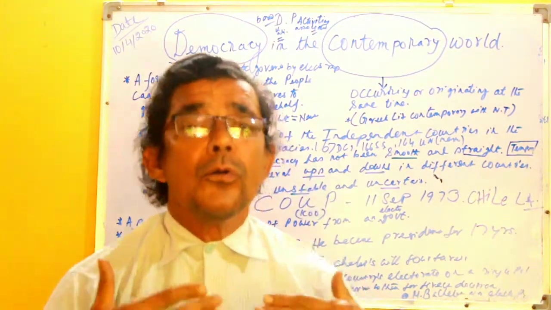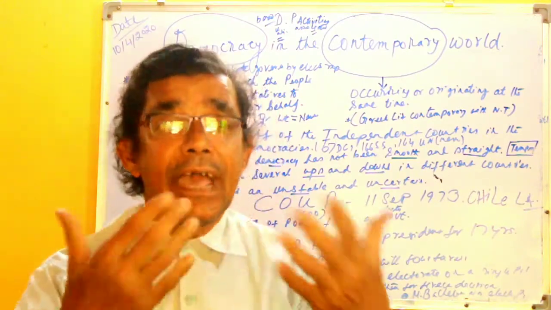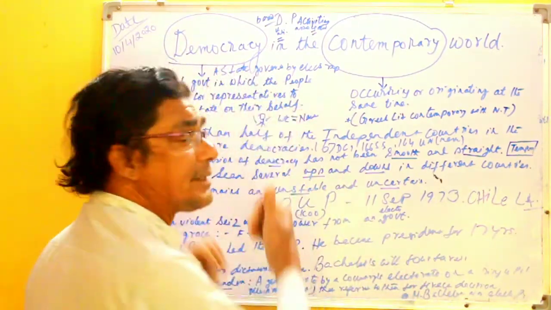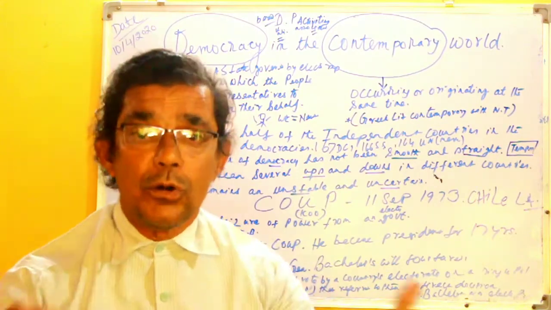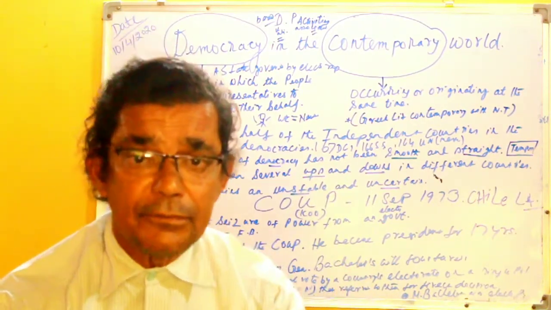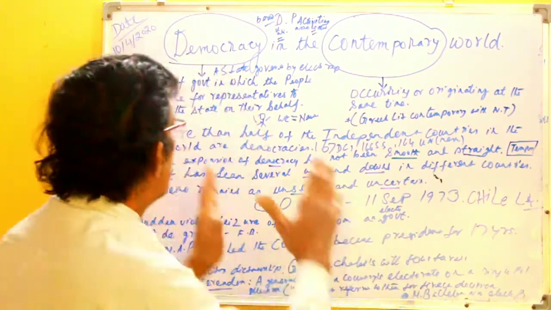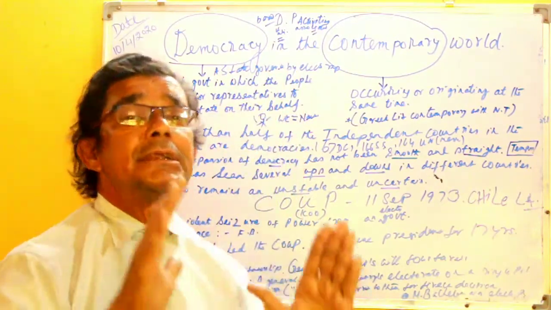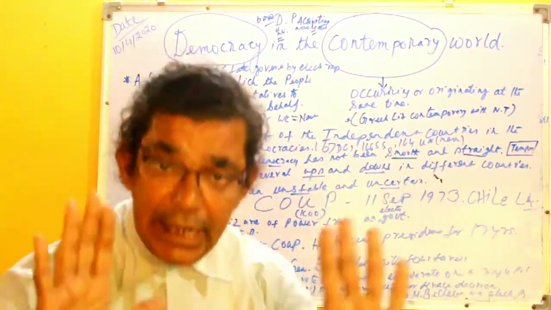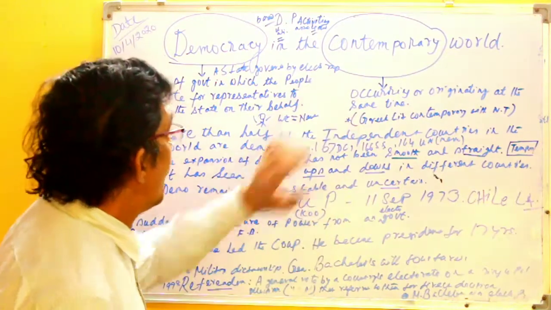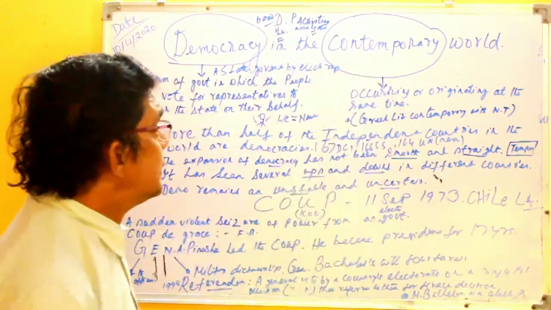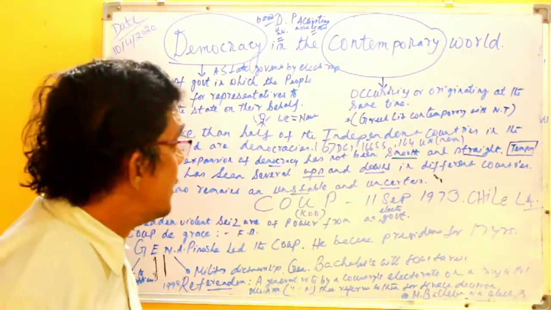So, we have to elect our representatives in the Lok Sabha and the Vidhan Sabha. They will help us in governing the country. Clear?